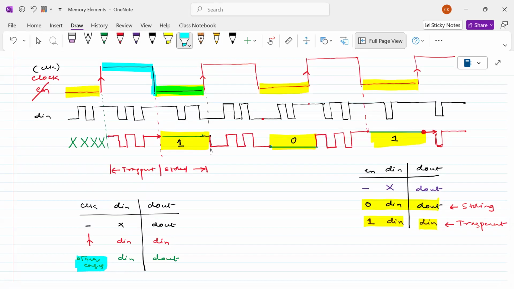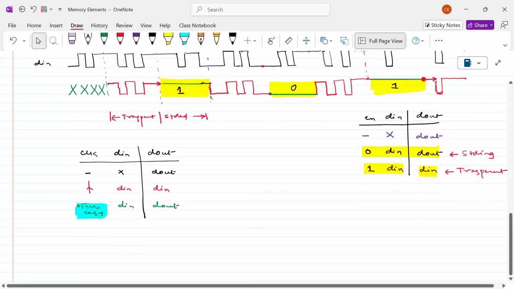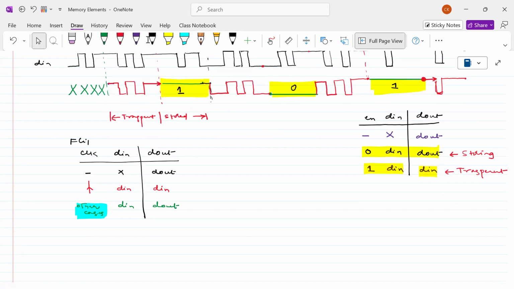For high value, low value, negative edge, we don't bother about it. For all the other cases, the output will be the previous value. So this is called a flip-flop. This is the flip-flop input-output behavior.